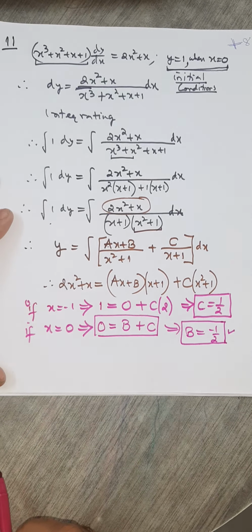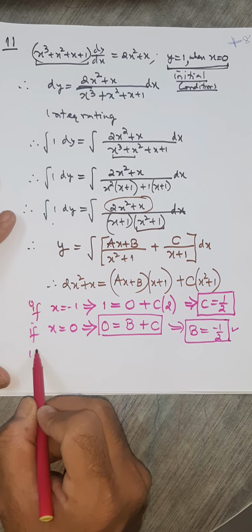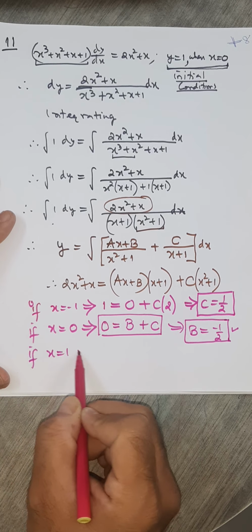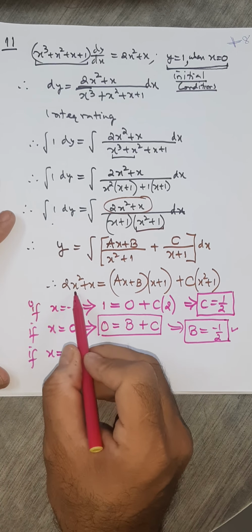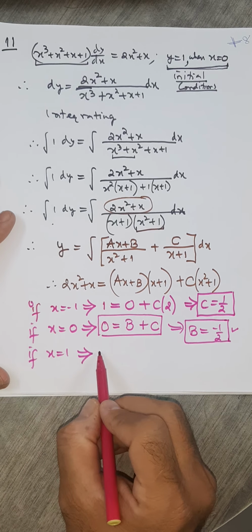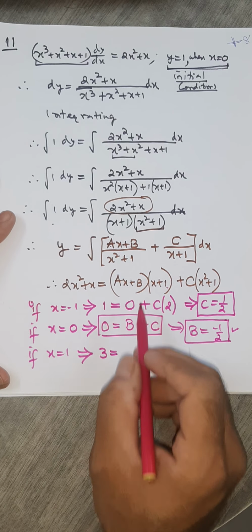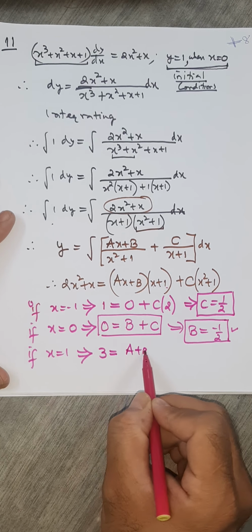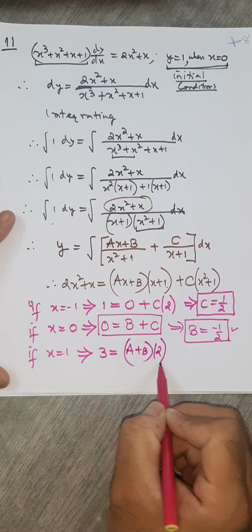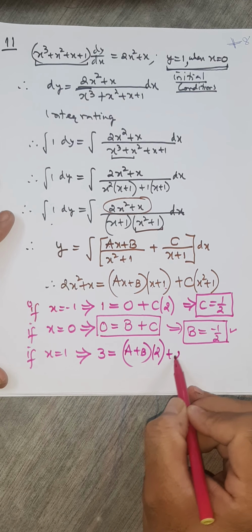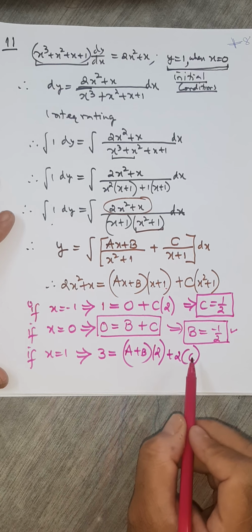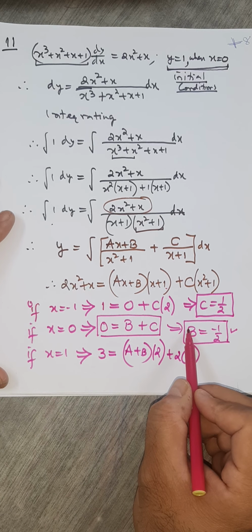Okay. Next, one more. If x is 1, put 1 here, so what will we get? 3 equals, if I put 1 here, this is 2 and this is a plus b, a plus b into 2, here 2c. You know c, you know b.